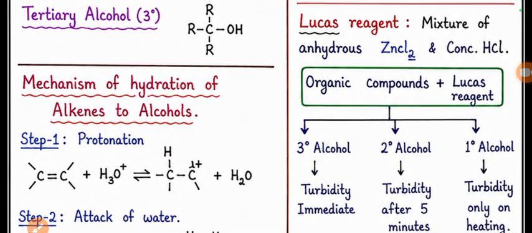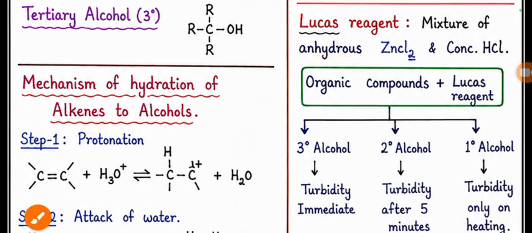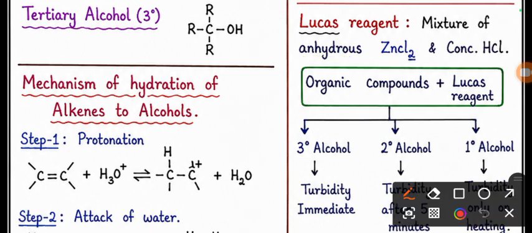Now come to Lucas reagent. Lucas reagent is the mixture of anhydrous zinc chloride and concentrated HCl, and this reagent is used to differentiate primary, secondary and tertiary alcohol. Now let us see how Lucas reagent helps us to differentiate these alcohols. When you add Lucas reagent to the tertiary alcohol, you will get turbidity immediately.